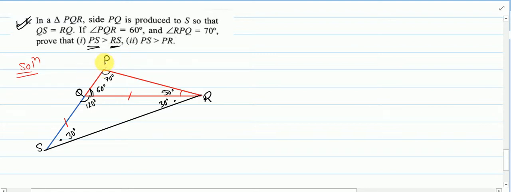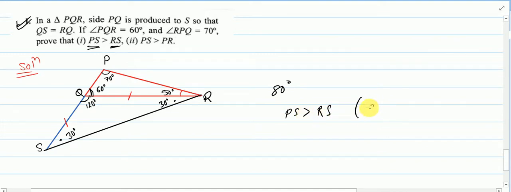So in triangle PSR, you can see angle opposite to the side PS is 50 plus 30, that means 80 degree. Opposite to RS is 70. So here clearly the side which has got greater angle opposite to it will be greater. Okay, that means PS will be greater than RS.